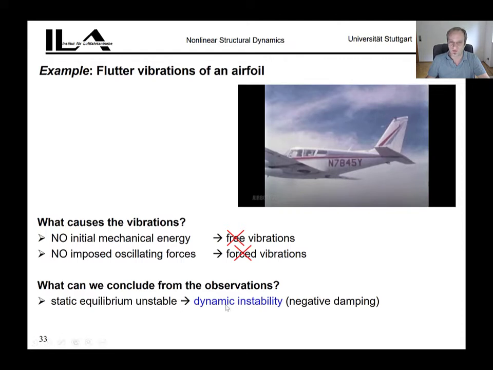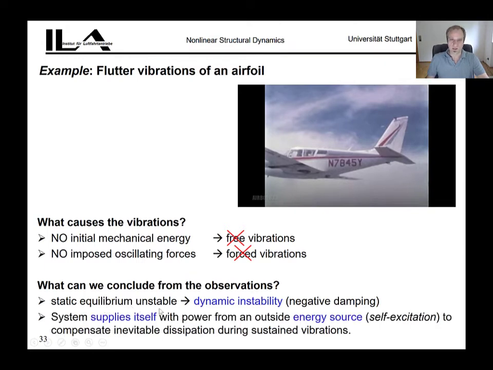And in linear structural dynamics, we saw that there are two ways in which we can lose stability: a monotonic divergence or an oscillatory one. And quite apparently this is of oscillatory nature, so it is linked to a dynamic instability. So effectively some negative damping ratio associated with this mode in the neighborhood of the equilibrium at least.